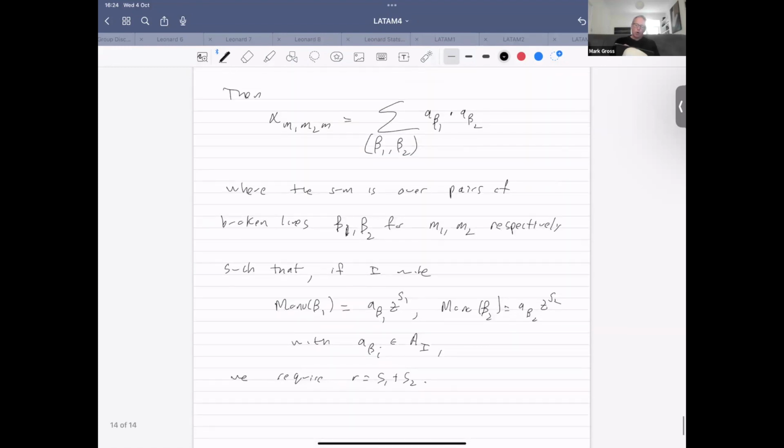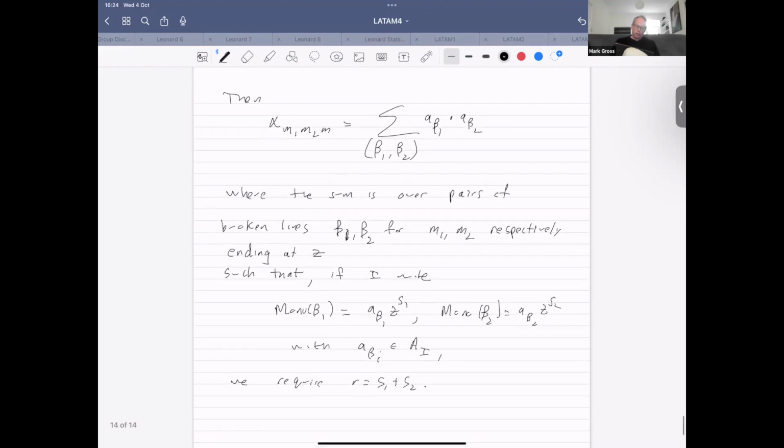So we sum over all broken lines ending at z. z was this chosen point near r. And we take the coefficients of the final monomials whenever beta 1 and beta 2 are broken lines for m1 and m2 ending at z, with the exponents s1 and s2 adding to r.